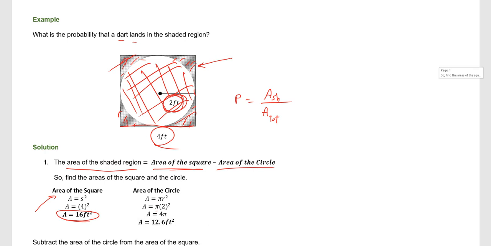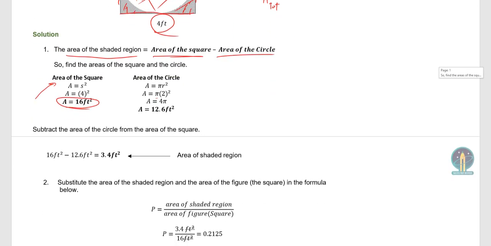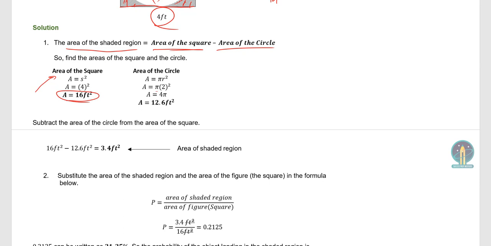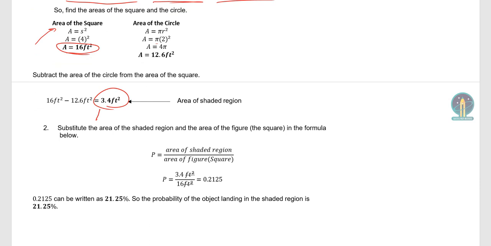Then we subtract the area of the circle from the area of the square, so the area of the shaded region is 3.4 feet squared. We divide this area of the shaded region by the total area, which is the area of the entire figure, the square. So 3.4 square feet divided by 16 square feet gives us this probability.